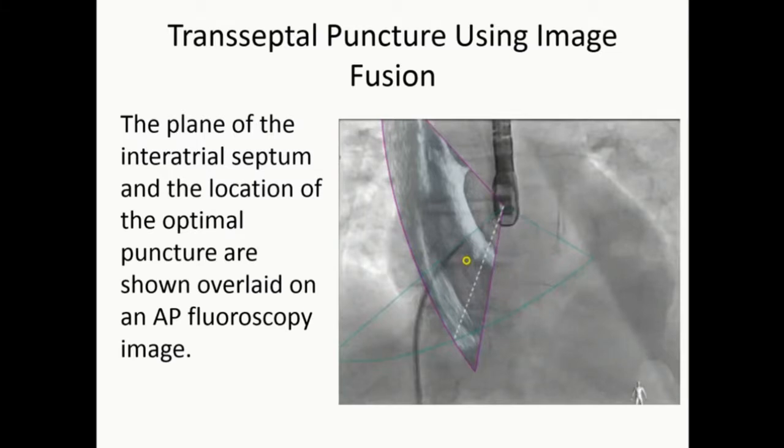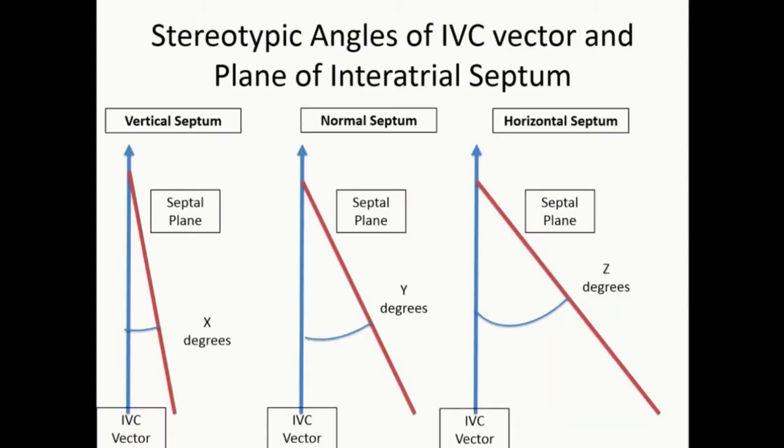So fusion allows you to do that, where you have on the fluoroscopic live image the live echo that you overlay and register in time and space, so you can really see those structures. And so in the last couple of weeks, I've really noticed, and this is a schematic, the relationship of coming up the IVC to the plane of the septum, thinking about the plane of the septum in very simplistic terms, whether it's more vertical versus more horizontal.